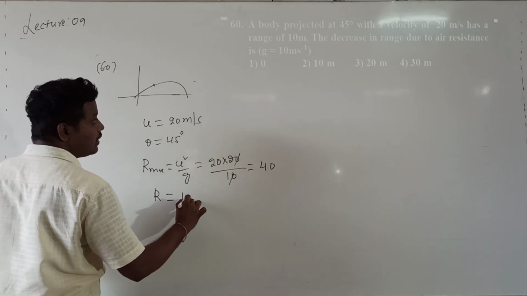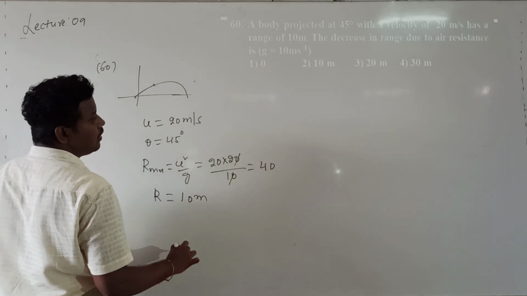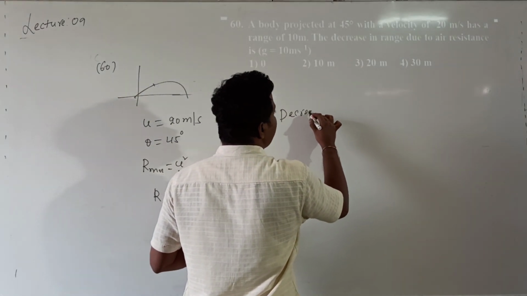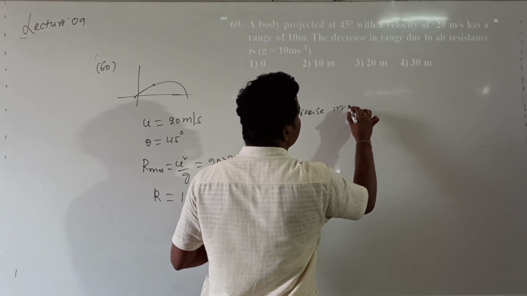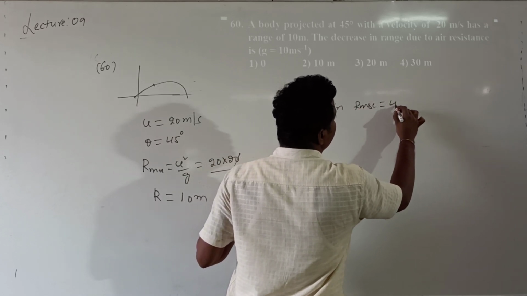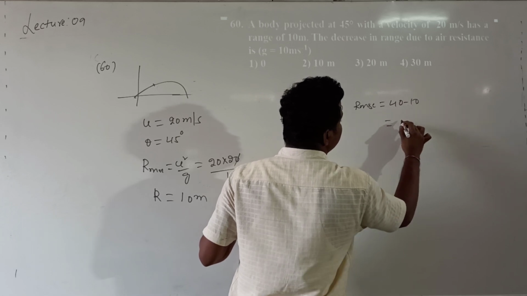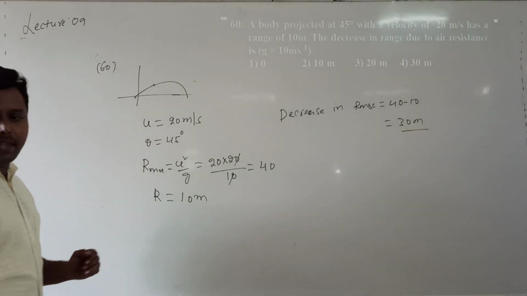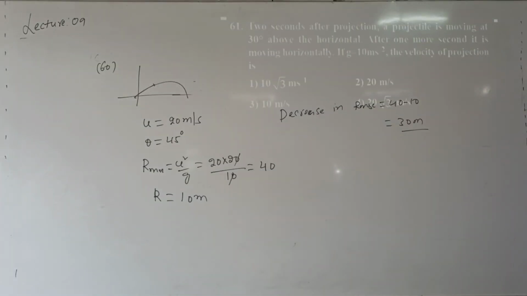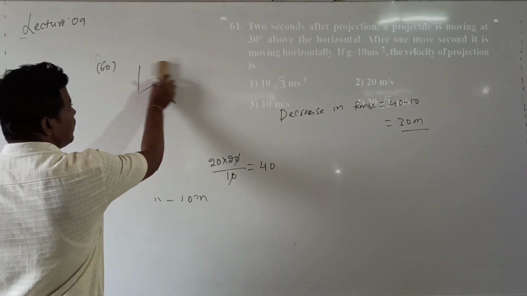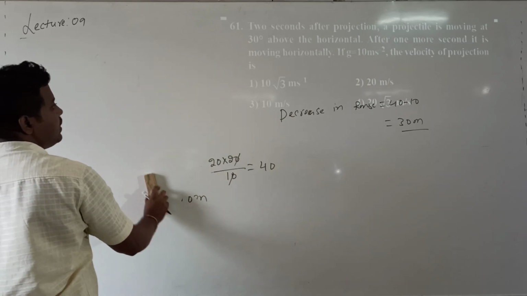So R value given as 10 meters. Correct? What is the decrease in the R value? So decrease in range value, that is given by 40 minus 10, which is of 30 meters. Why range decreases? Because of air resistance. So this is the question. So next one is question number 61.